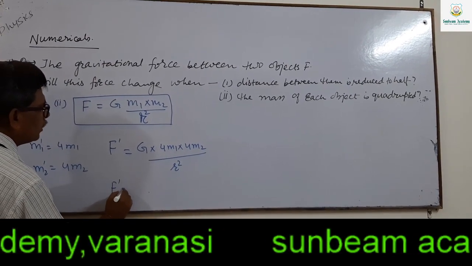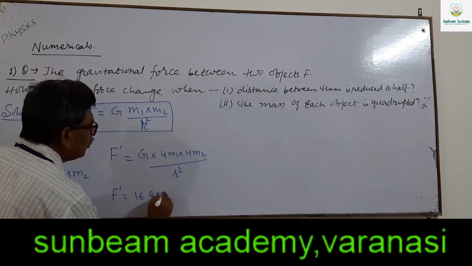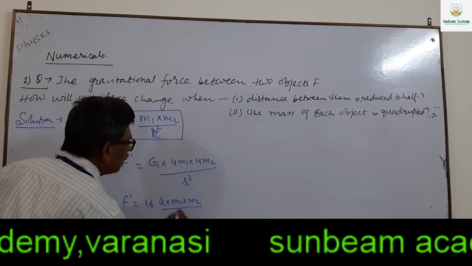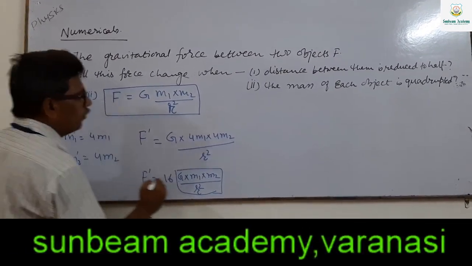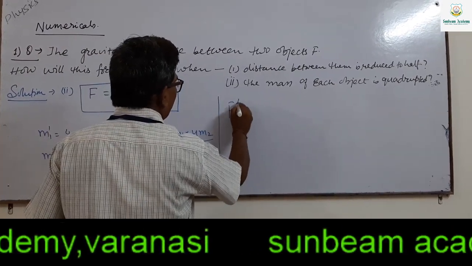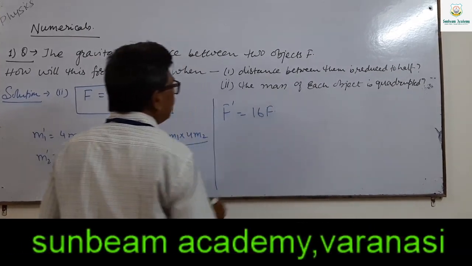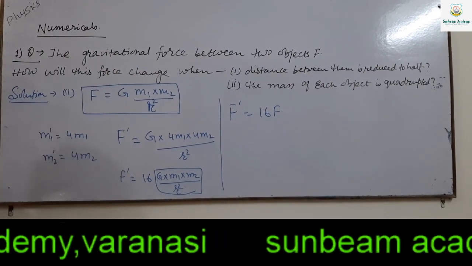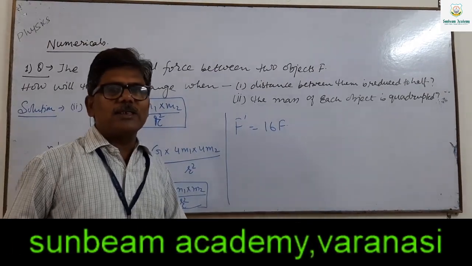Now F dash is equal to 4 4 is 16 G into m1 into m2 upon r square. Now this is equal to how much? This is equal to F. That is, F dash is equal to 16 F. Means when the mass of each object becomes 4 times, the gravitational force between them becomes 16 times.